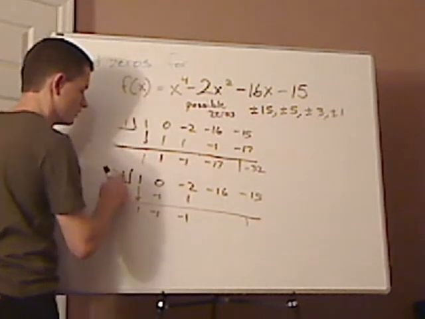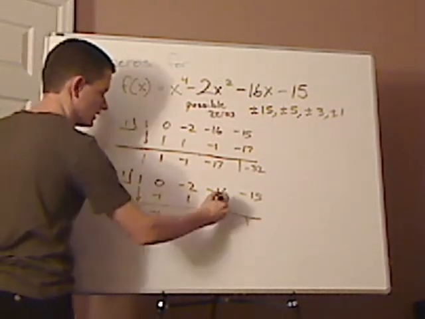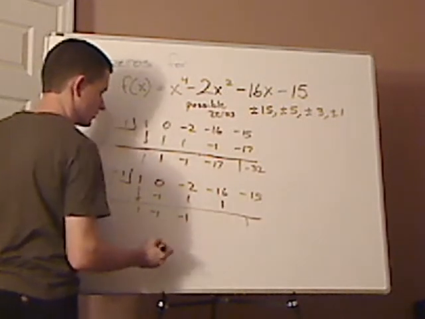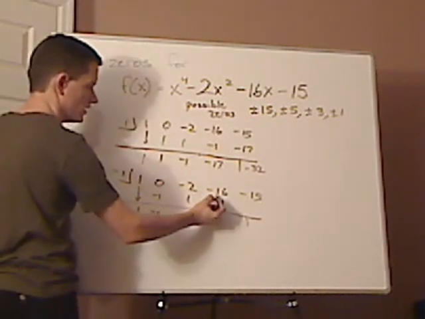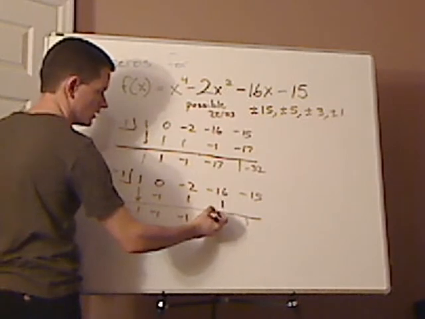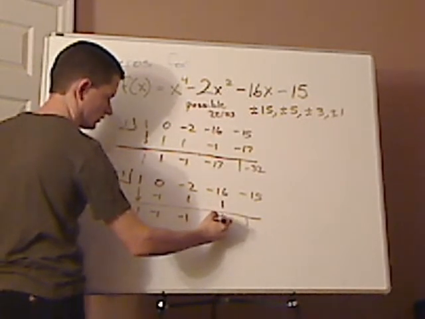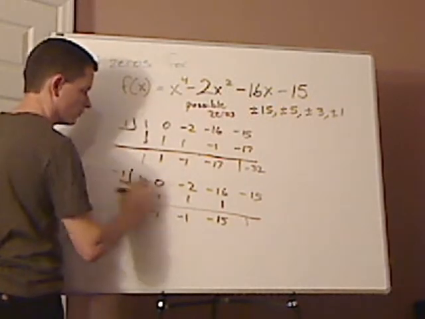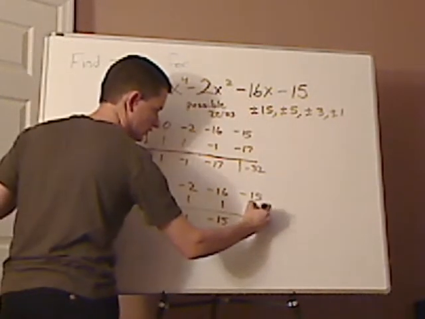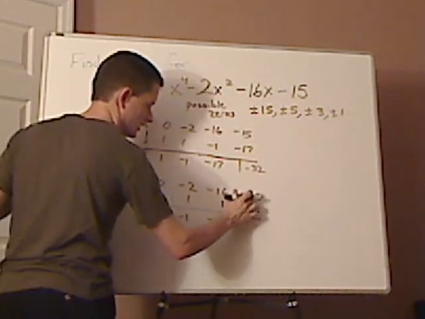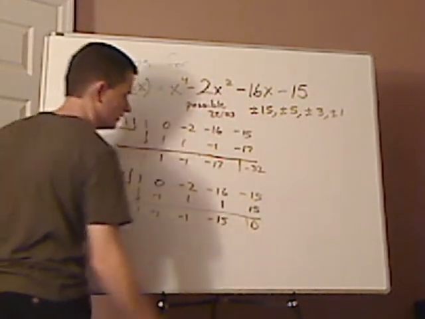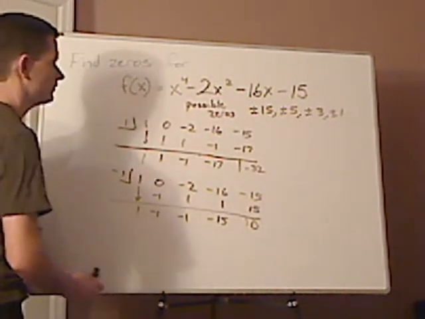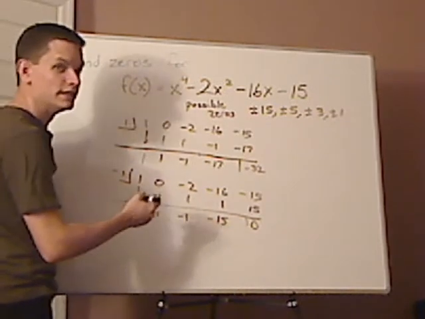It's -1. -1 times -1 is positive 1. -16 plus 1 is -15. -1 times -15 is positive 15, and then you add those, 0. So -1 is a 0.